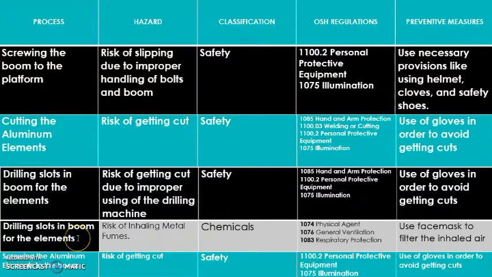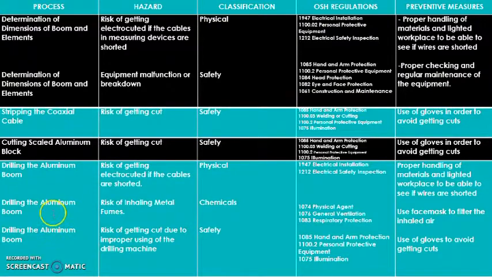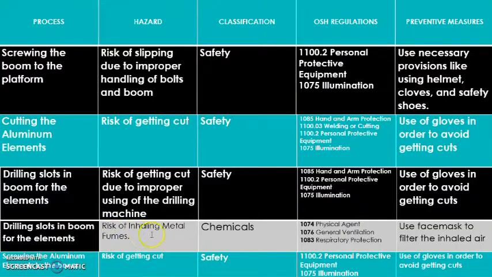For the drilling of slots in the boom, it has the same hazard as drilling the aluminum boom, which is the risk of inhaling metal fumes, and the same OSH regulations. It is needed to use a facial mask to filter the inhaled air.